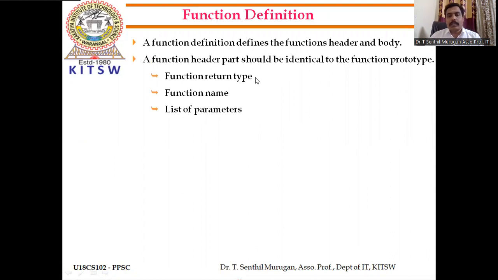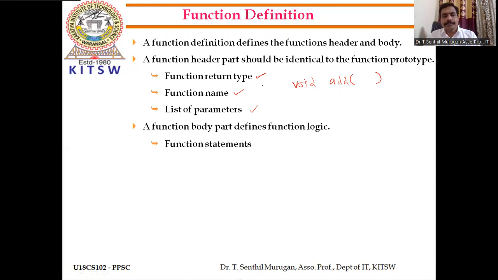The function return type, meaning what type of value it will return, the function name, and the list of parameters. In the previous slide I showed no return type, so first we write, for example, void. Then the function name, you can give addition, where add is the function name, and within the brackets you give the list of parameters. So the function header should be like this.